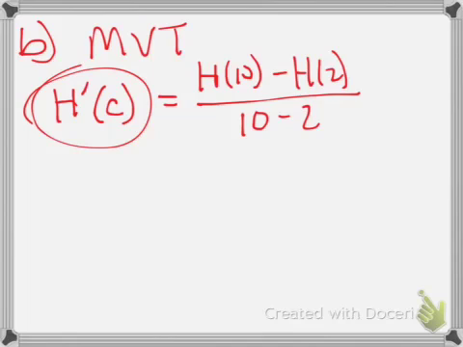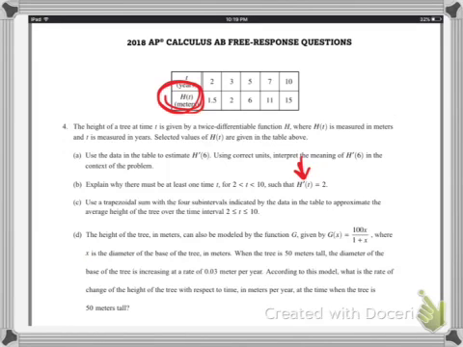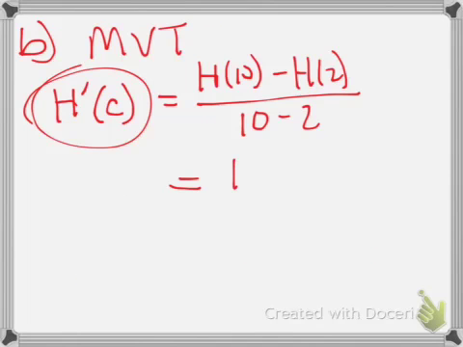And so we're going to figure out this average rate of change on the right-hand side. We were going from 10 to 2, and so 15 minus 1.5 is going to be the numerator here, and then divided by 8.